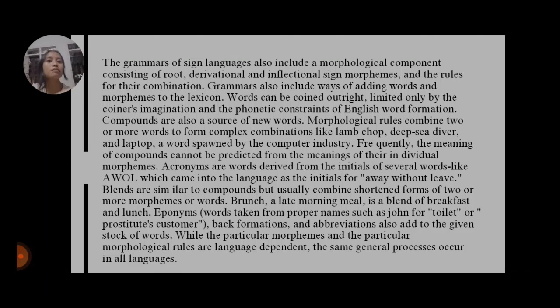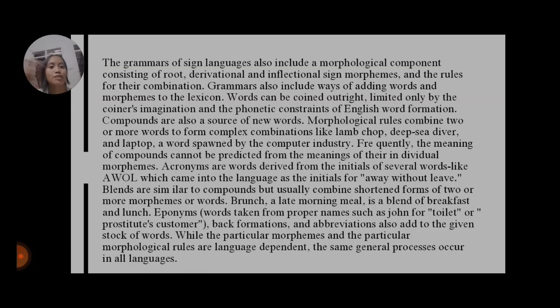Frequently, the meaning of compounds cannot be predicted by the meanings of their individual morphemes. Continuing to acronyms. Acronyms are words derived from the initials of several words, like AWOL, which came into the language as the initials for away without leave.